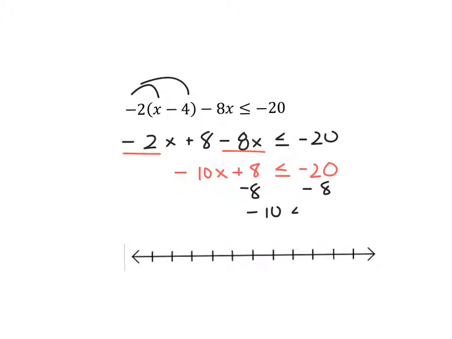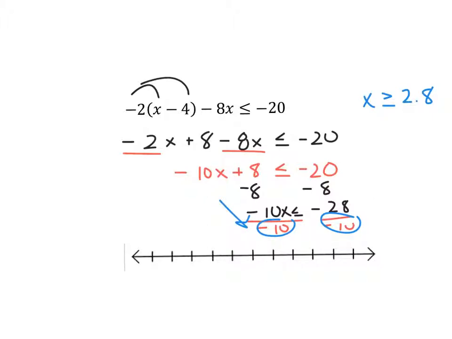So -10x less than or equal to -28. And then divide by -10. So I'm dividing by a negative. Because I'm dividing by a negative, not because this number is a negative, I need to switch the sense of the inequality. So it's going to turn into x is greater than or equal to 2.8.